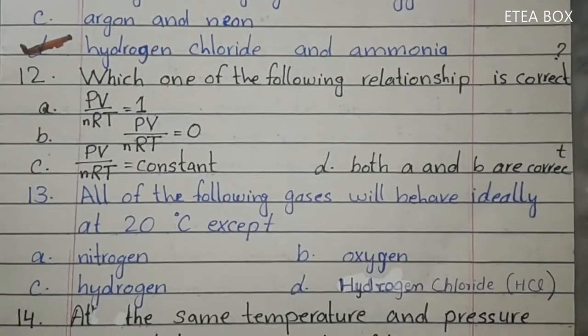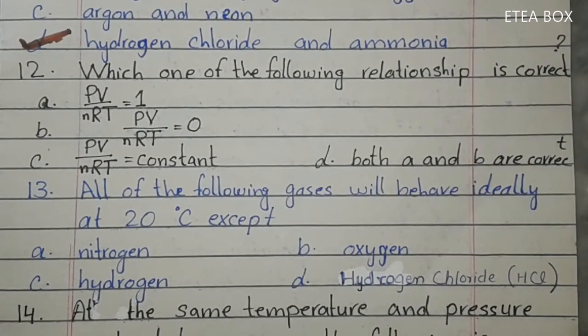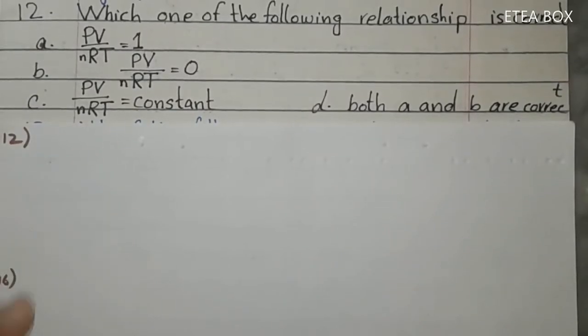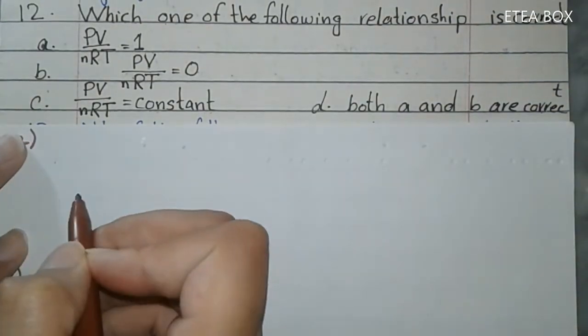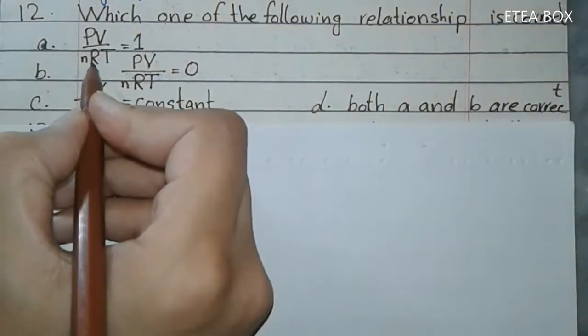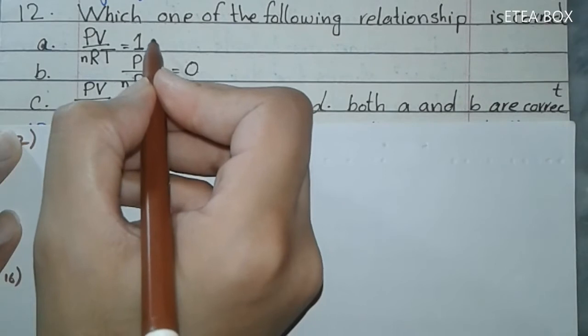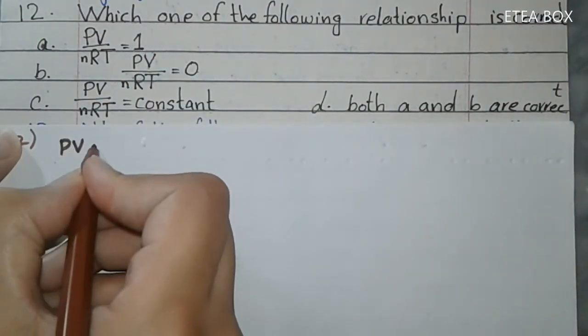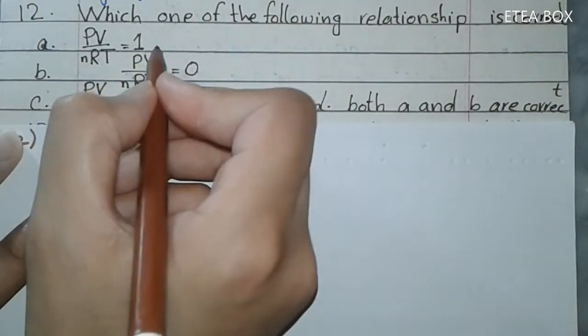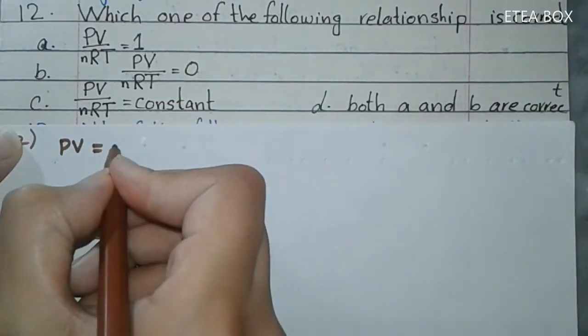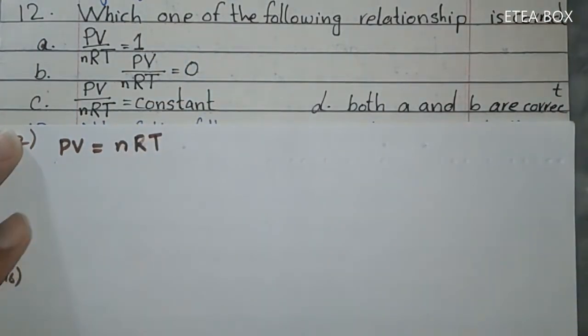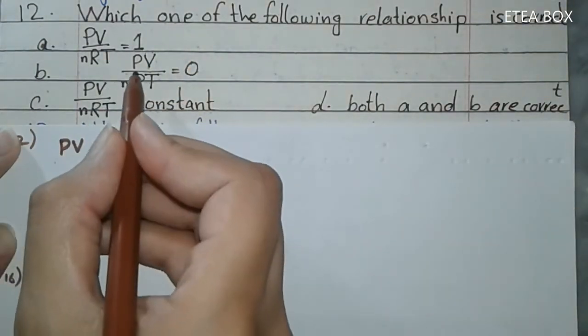Next one, which of the following relationships is correct? Now look at the option, PV divided by nRT is equal to 1. Let's bring the nRT to the other side, so PV is equal to nRT.